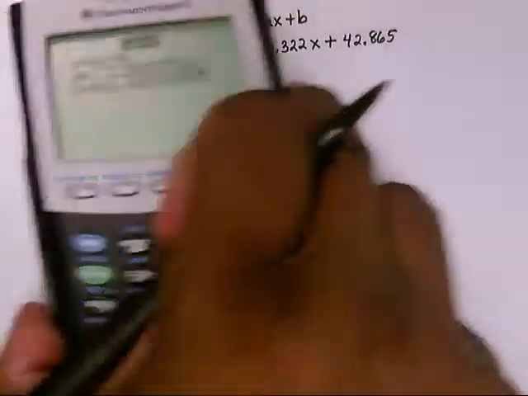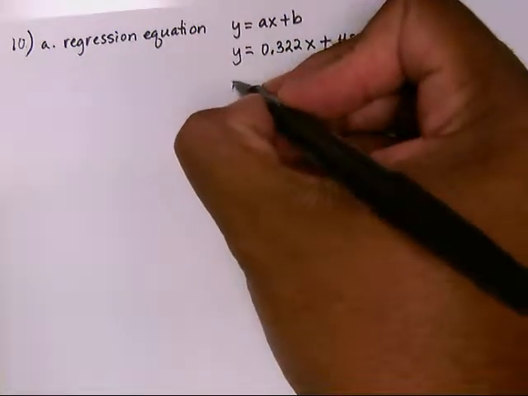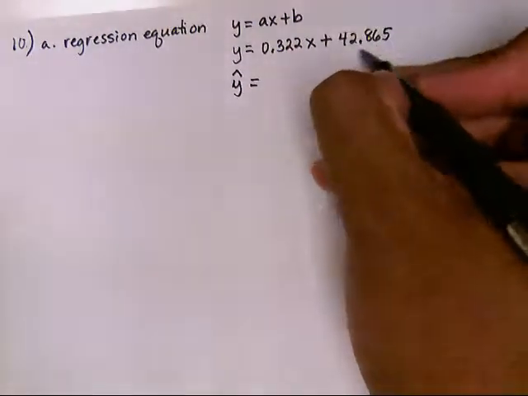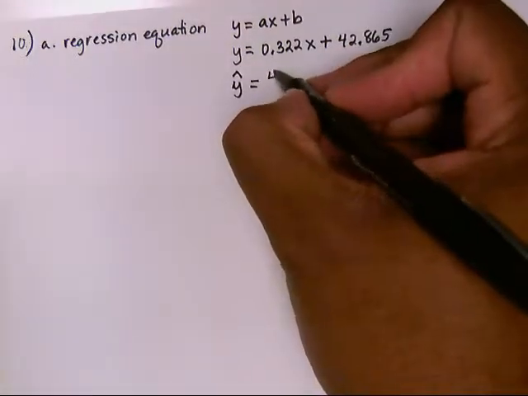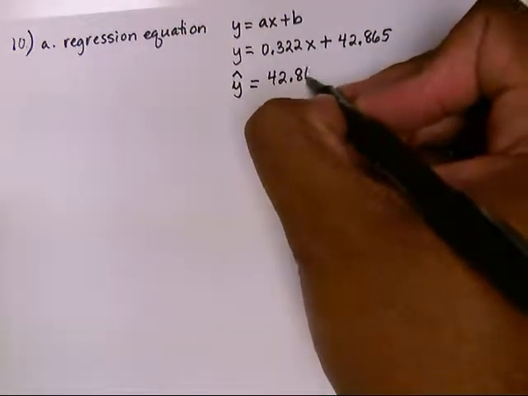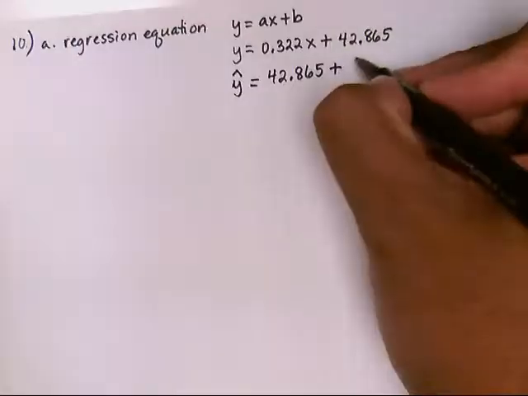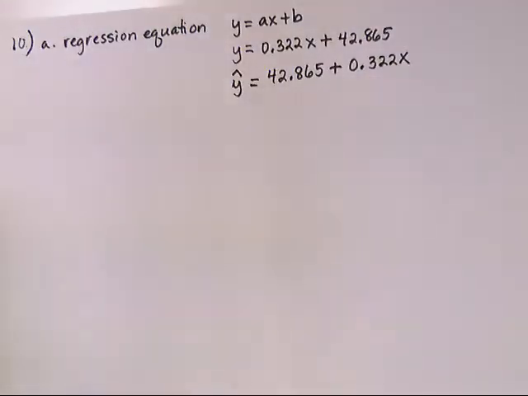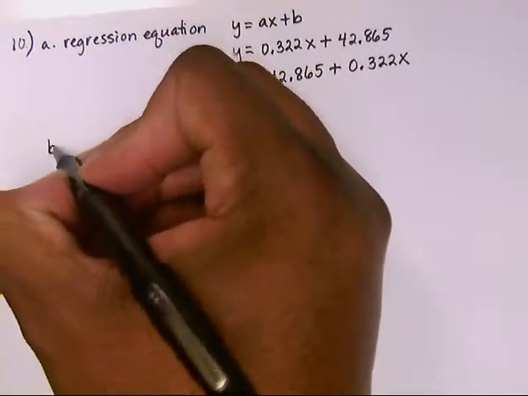That's your y-intercept. Now, of course, it's going to be y hat equals, we put this constant in front, and then the x term afterwards. So it'll be y hat equals 42.865 plus 0.322x. So that's your regression equation. That's going to be part A.